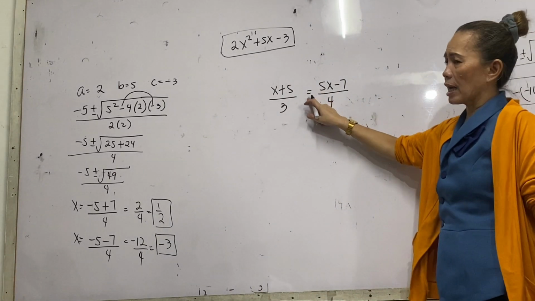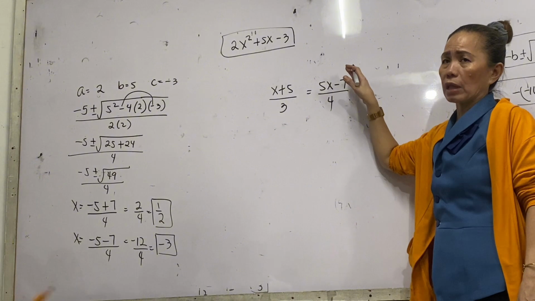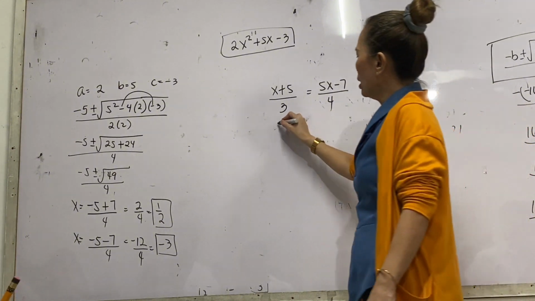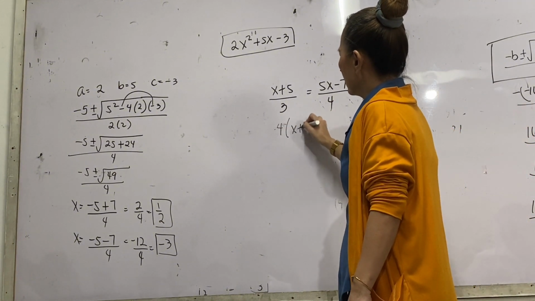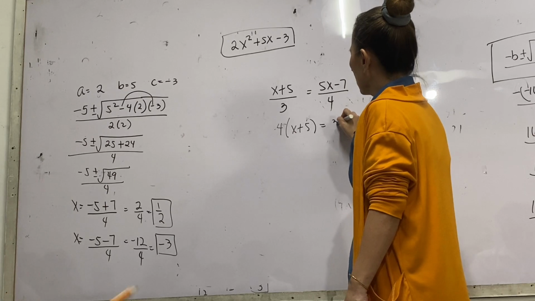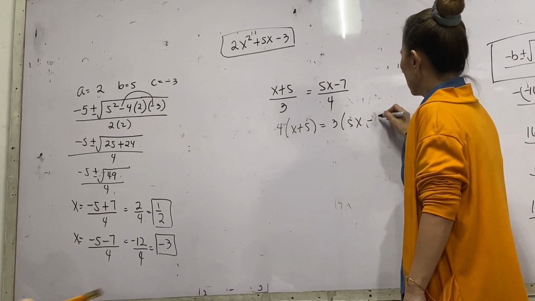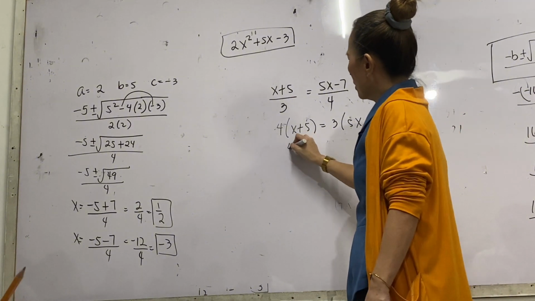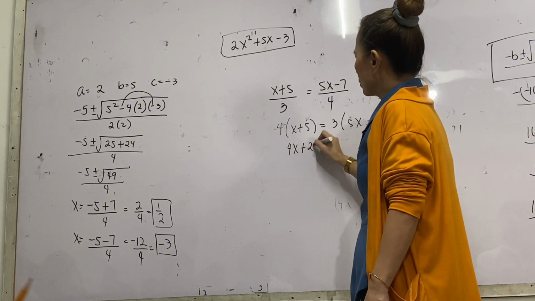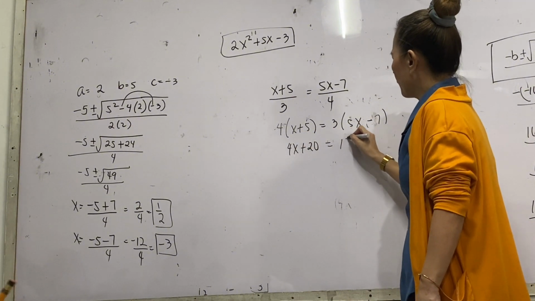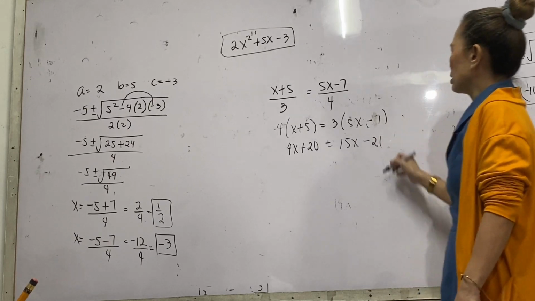Kapag po may equal sign, cross product lang po tayo. So we have 4 times x plus 5 is equal to 3 times 5x minus 7. So we have 4x plus 20 is equal to 15x minus 21.